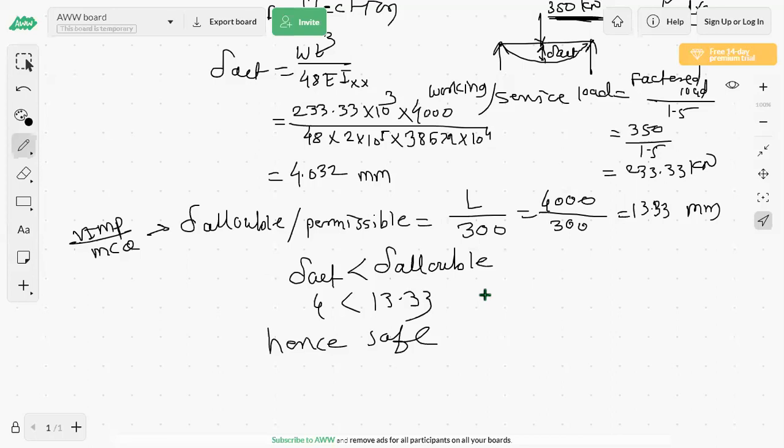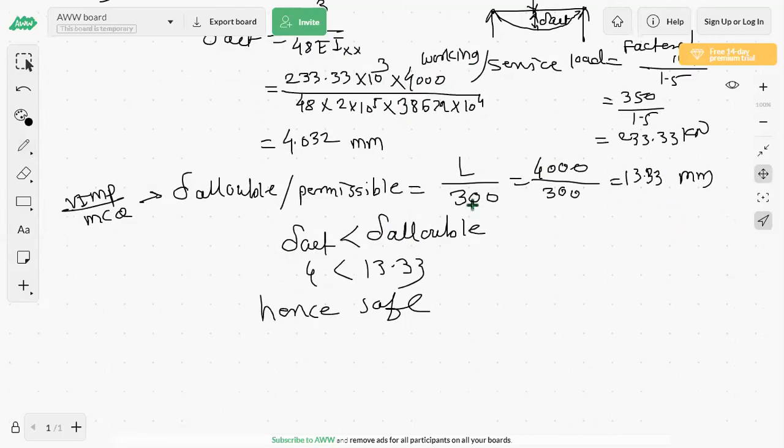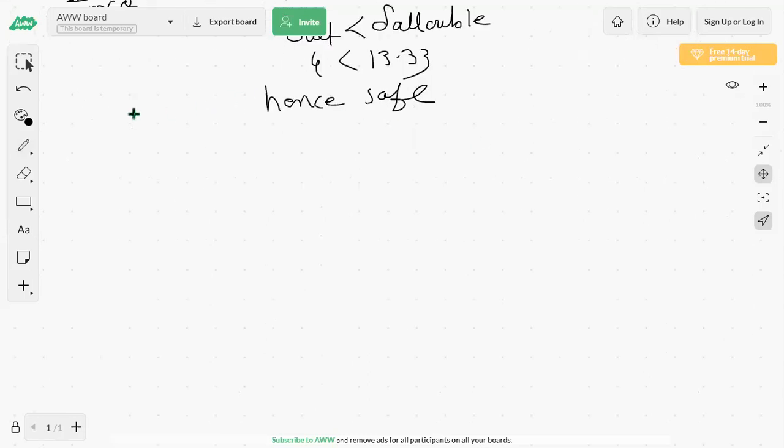So this is the first problem we have seen on the design of beam. Okay, so everyone got it? So these are the very important formulas related to MCQ examination or any competitive examination. So such questions will be asked for the MCQ in examination also. Competitive plus your university examination.